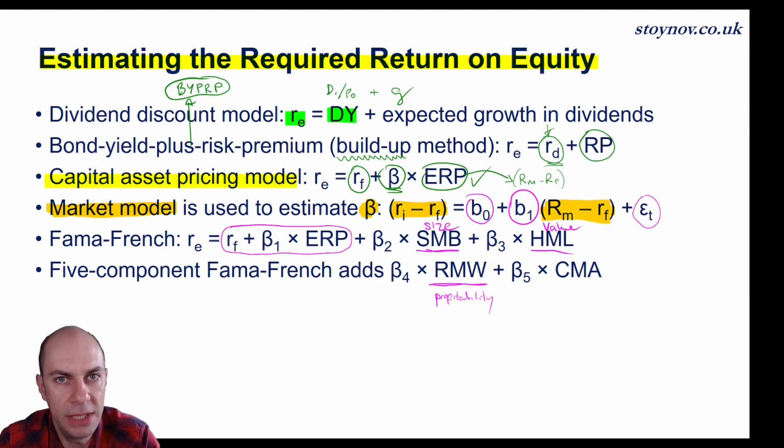So robust means that I've got high profitability, which is stable, and weak means that I've got low and stable profitability. Of course, profitability can be measured as ROE, ROA, net profit margin, operating margin, all those good things. And then CMA stands for conservative minus aggressive.